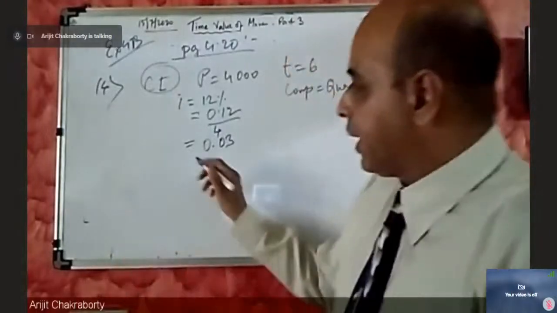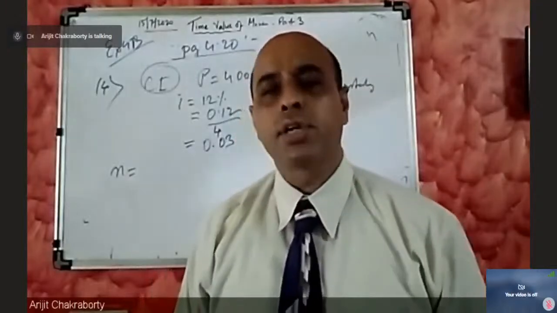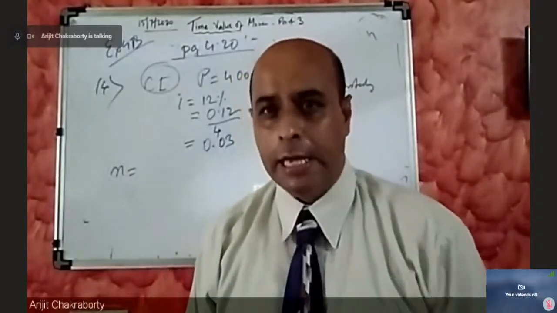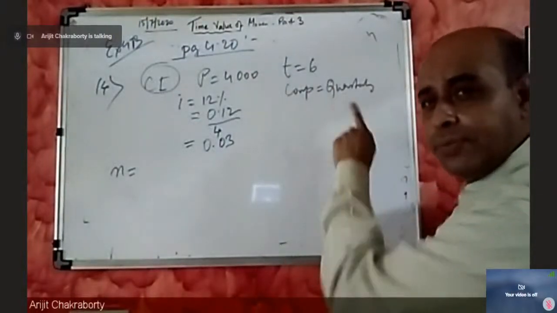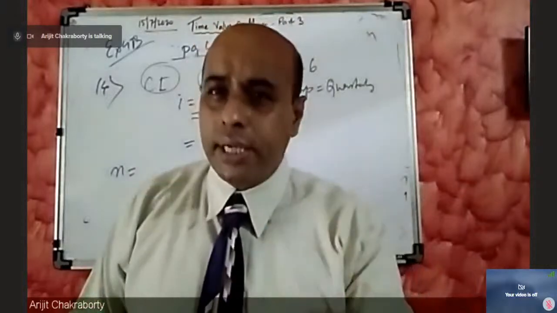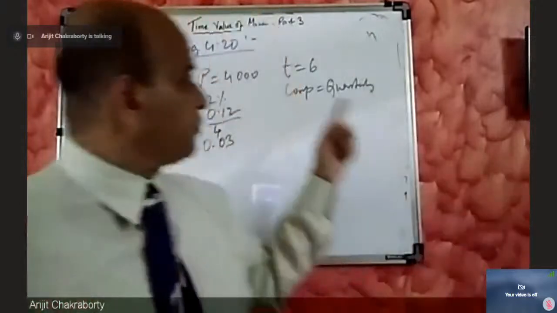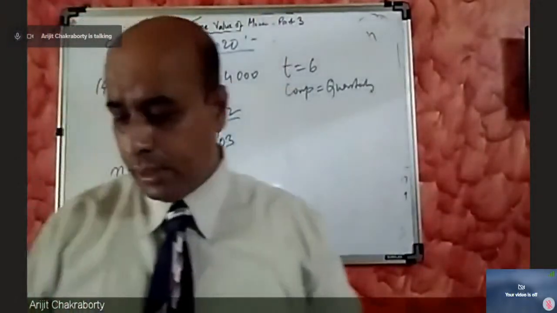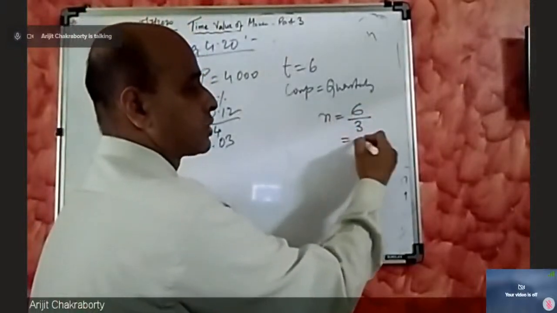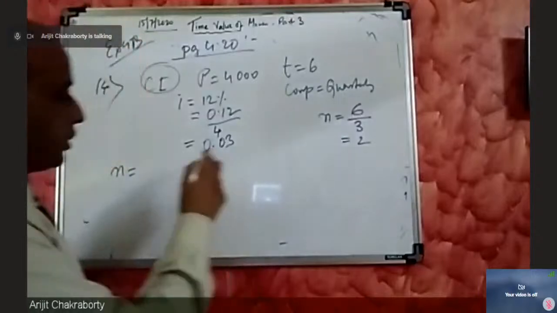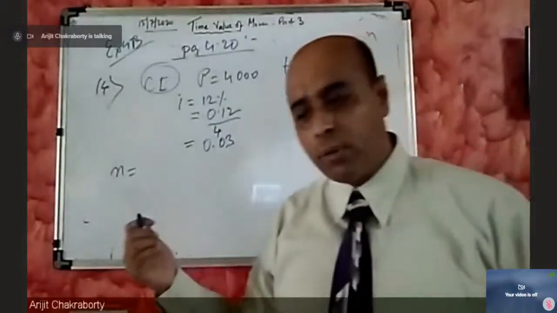Fine. N is the number of compounding conversion periods. What is N? The duration is 6 months. Compounding is done quarterly, which means compounding is done every 3 months. And the total duration of the investment is 6 months. Okay? So N is equal to 6 by 3, that is 2. So if you look at the formula now, we have to find out compound interest.